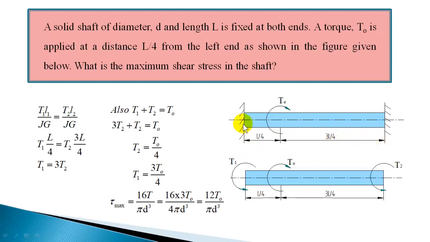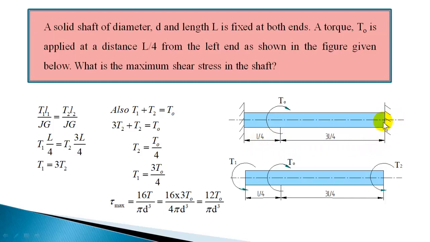So T0 into 3 by 4 will be the torque here. Similarly, this torque here will be, this distance is 1 unit divided by 4 units total. So T0 into 1 by 4 will be the torque here.